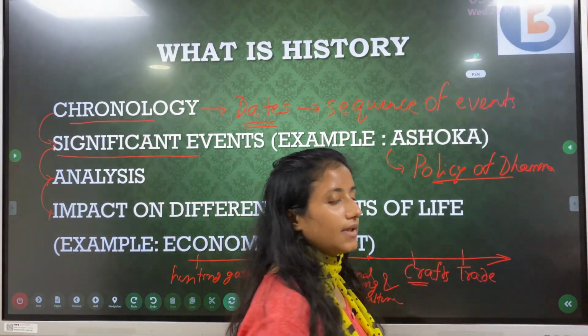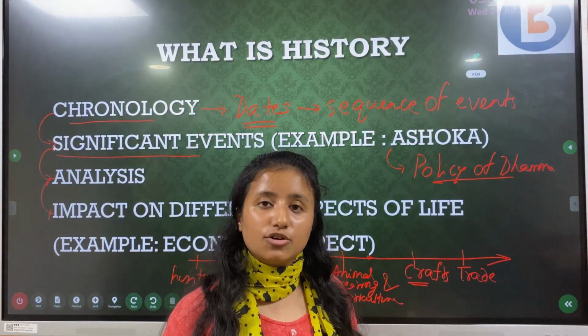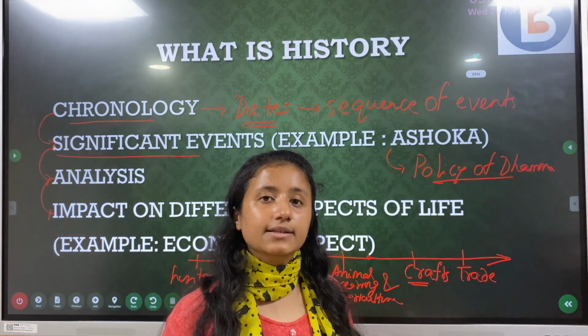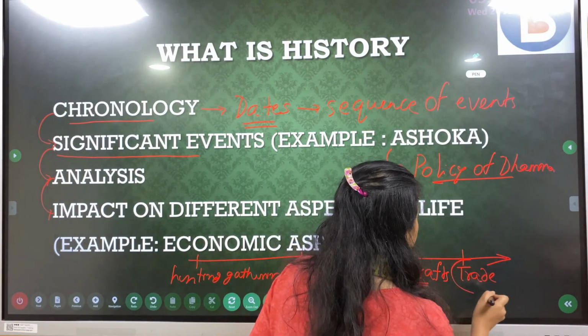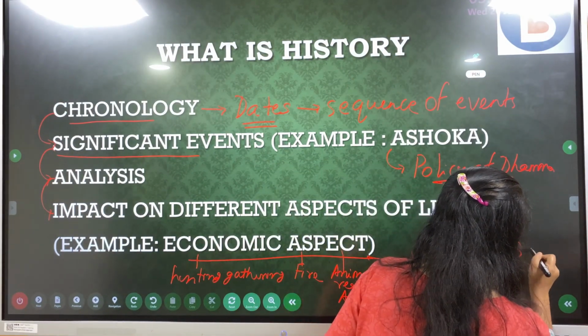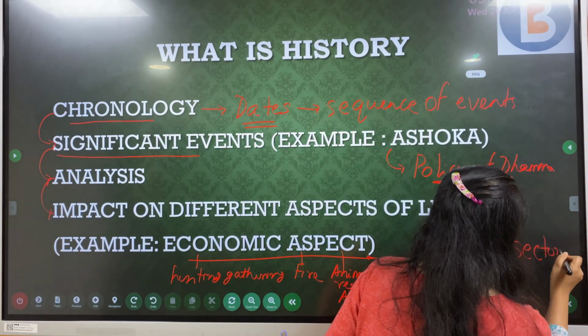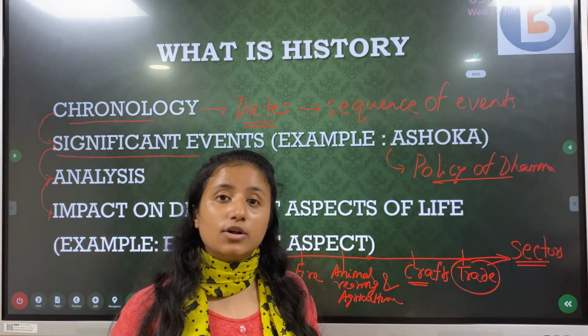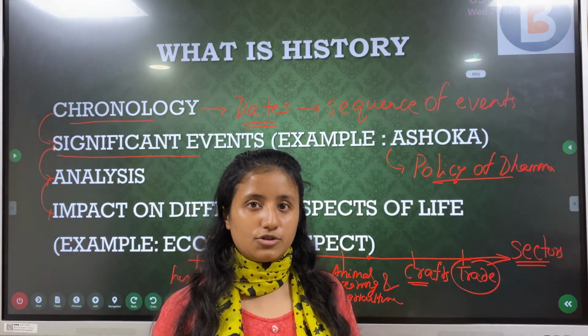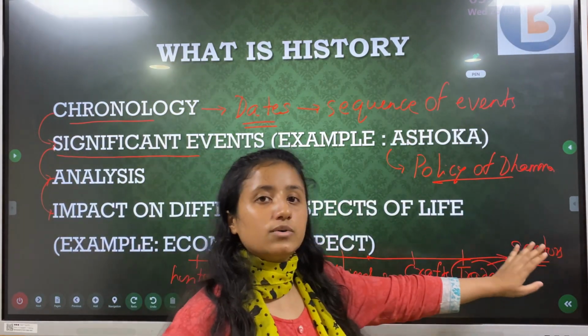Internal trade means the people were exchanging goods within the region. External means they were going out of the country, right? So these took place. Then several sectors emerged. Like in today's times, we have the textile sector, the electronic sector. These sectors of today emerged. So, how do we know about these things?